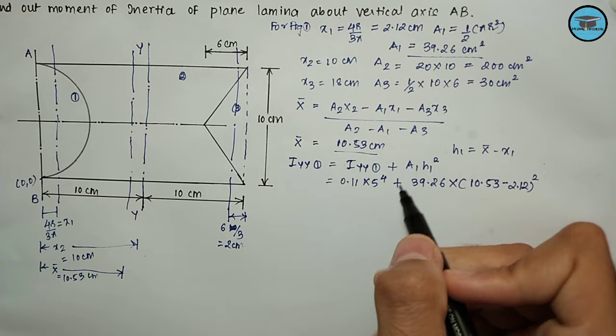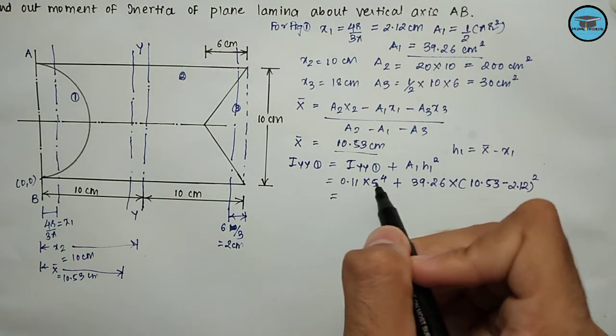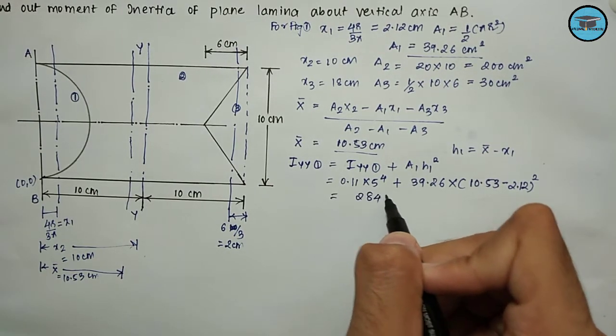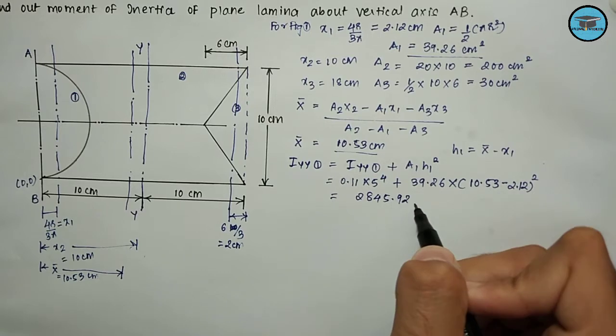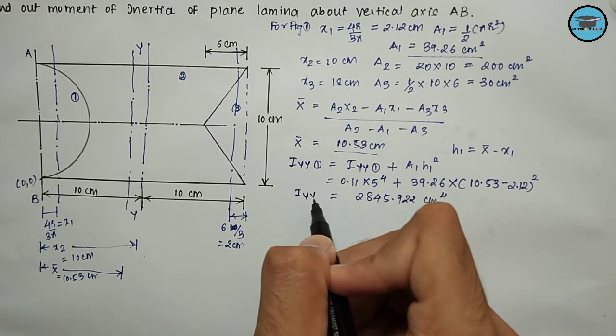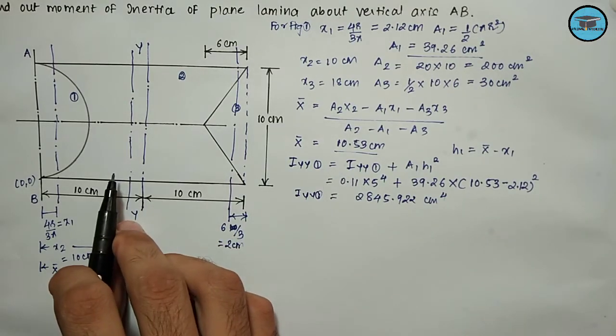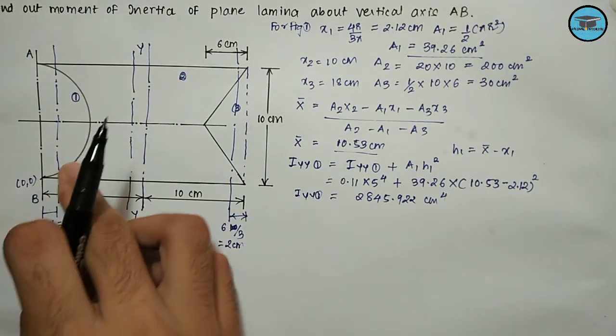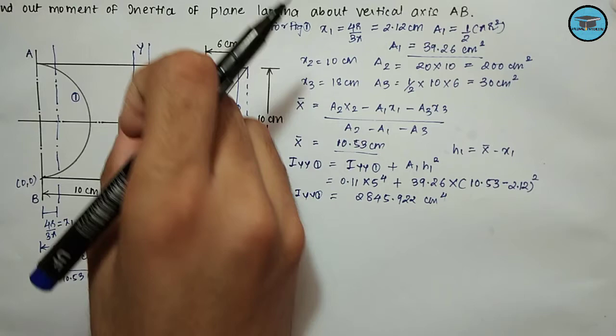Okay, so we will be getting Iyy1 as 2845.922 centimeter raised to 4. Okay, so this is the moment of inertia for this semicircular region about this axis YY.